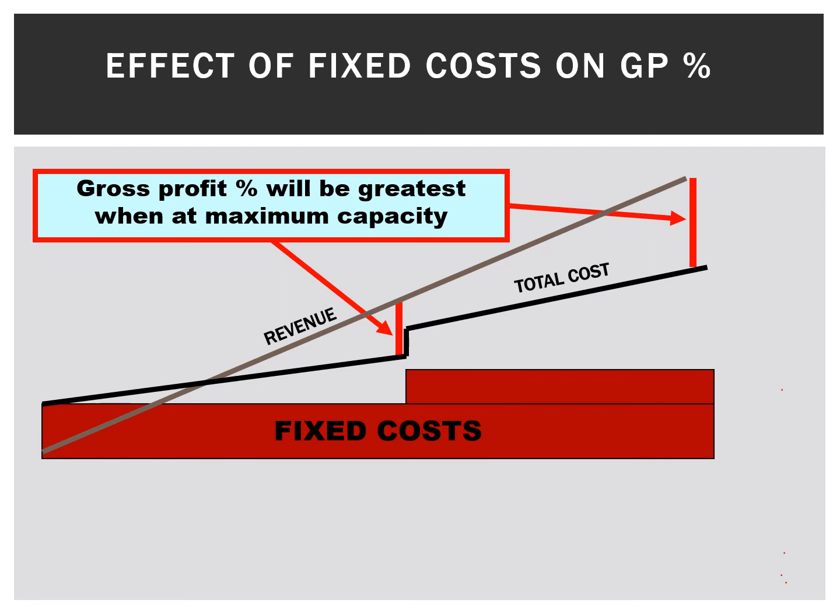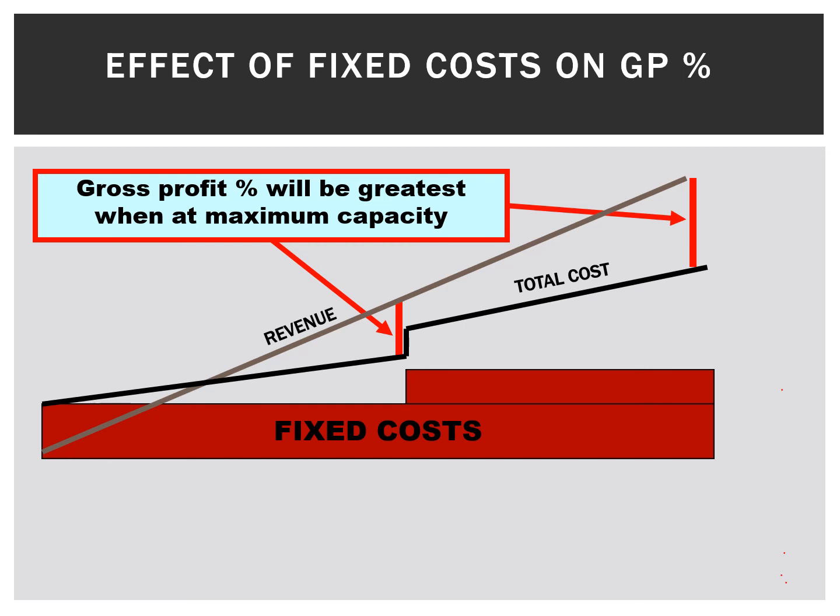So in the real world, it's worth bearing that in mind. As production increases, then we would really expect the gross profit percentage, the gross margin, to increase until we reach that point of maximum production.